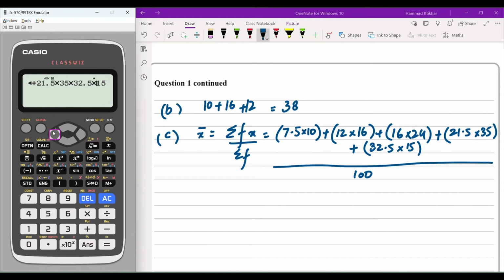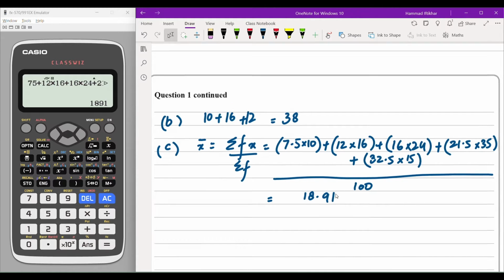Oh, this is plus. Sorry, plus. 1891. So the mean would come out to be 18.91. Right. Okay.